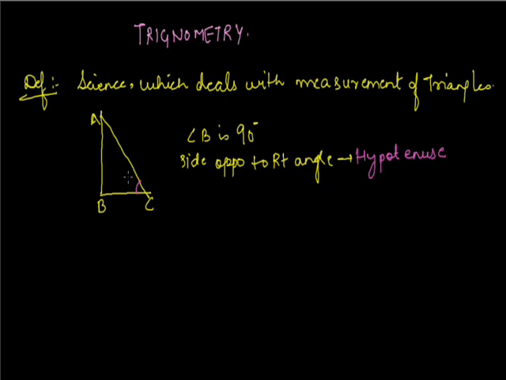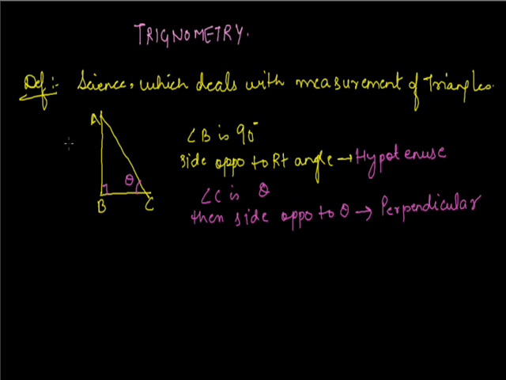Now, if we consider this angle theta and this angle 90 degree, if angle C is theta, then side opposite to theta angle is known as perpendicular. So as I can see, this is perpendicular, this is hypotenuse, and the remaining side becomes base of the triangle.